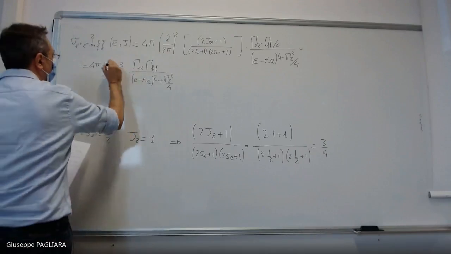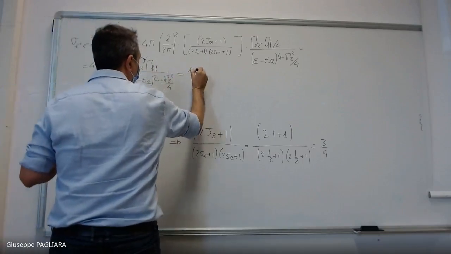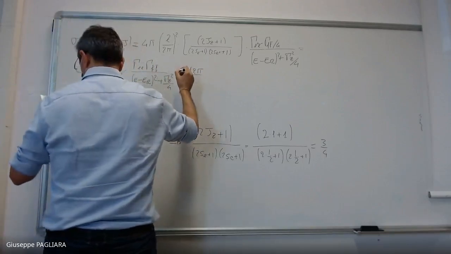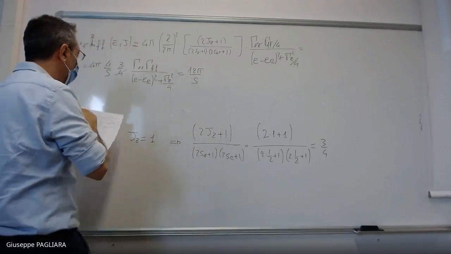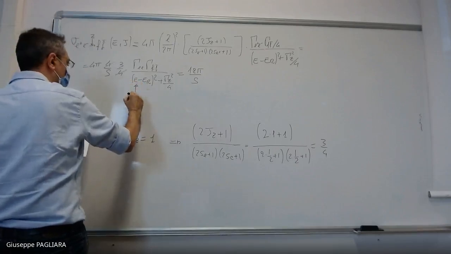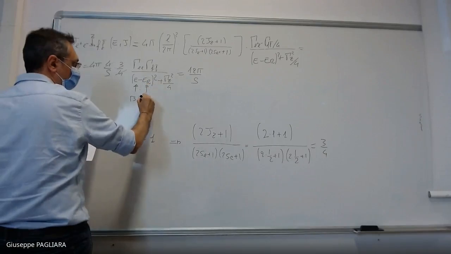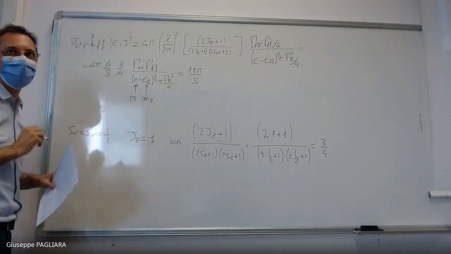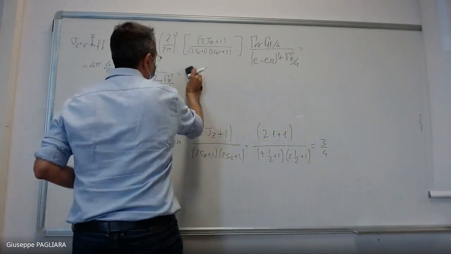Now, here we can write 3 pi divided by s. And now we can substitute here. The energy is just square root of s, and the energy of the resonance is just the mass of the Z boson. Okay.